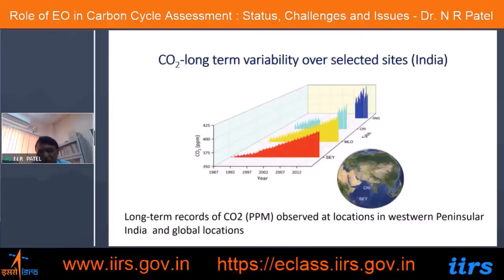So you see, carbon dioxide has been increasing from 375 ppm in 1992 to as of now almost 420 to 425 parts per million at the CO2 monitoring site.